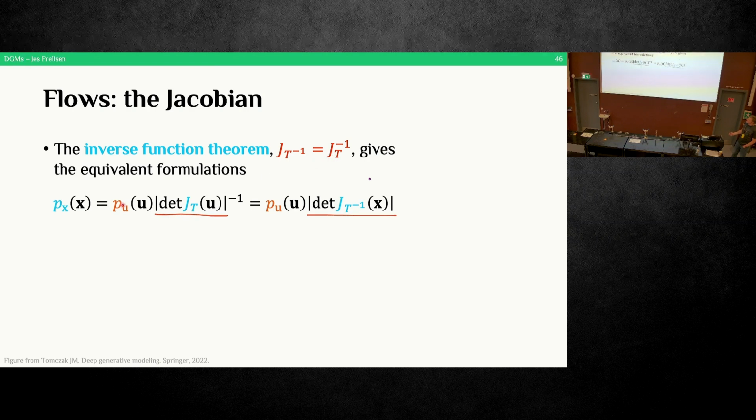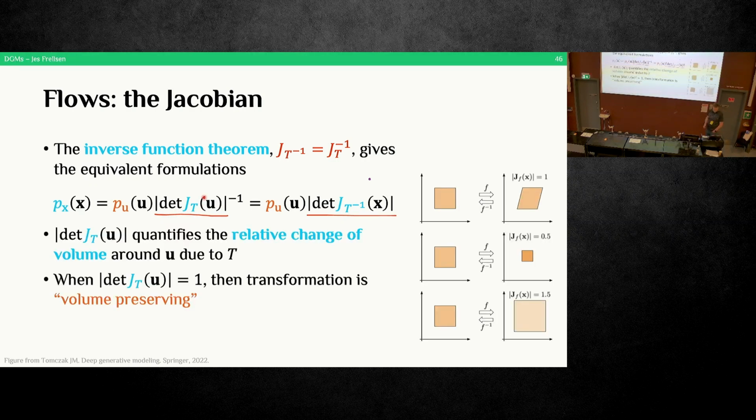That gives us that if we want to write this change of variable formula, we can either write P of x as P of u multiplied by the absolute value of the inverse of the determinant of the Jacobian, or we can take the determinant of the Jacobian of the inverse transformation. And then we also use that if we take the inverse transformation and then take the determinant, we can just pop the inverse outside. And this is the absolute value of the determinant of the Jacobian.